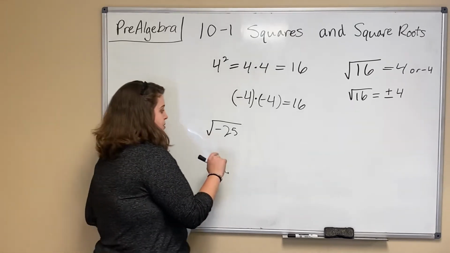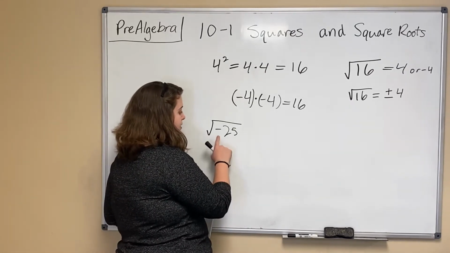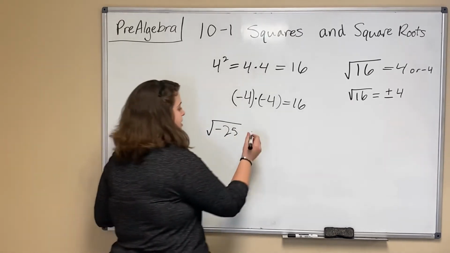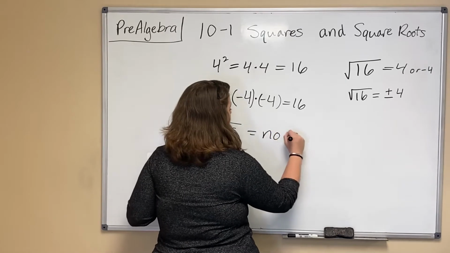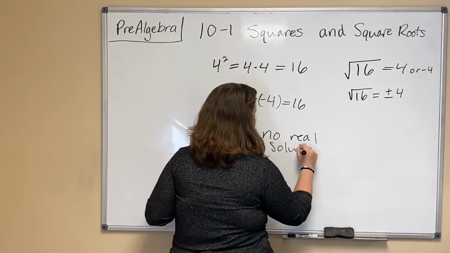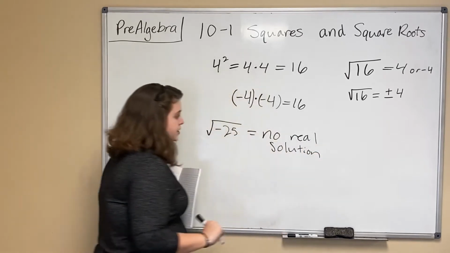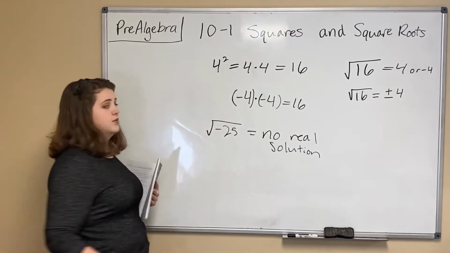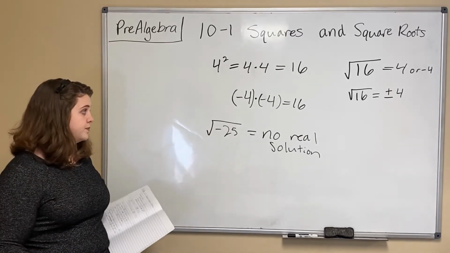It's always going to be positive. So if you see a problem where the negative sign is under the radical, then what you're going to write is no real solution. Because there's no number that when multiplied by itself will give you a negative 25.